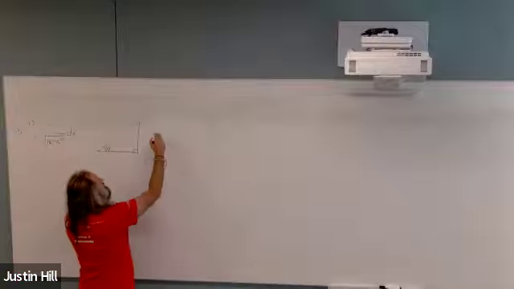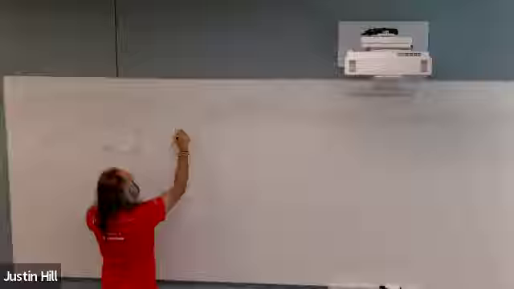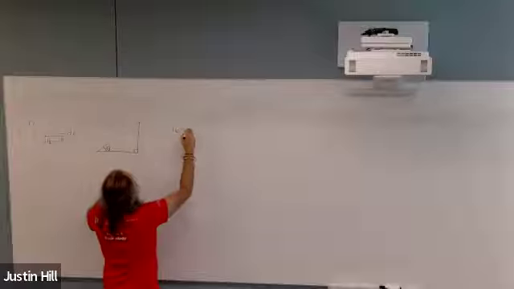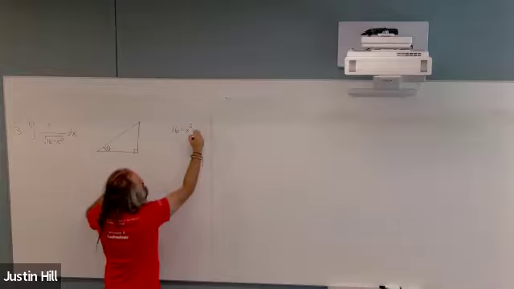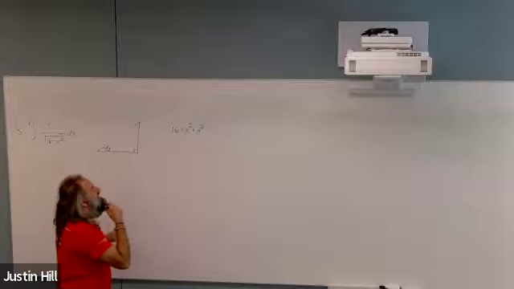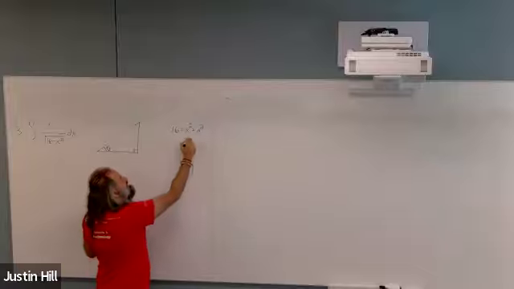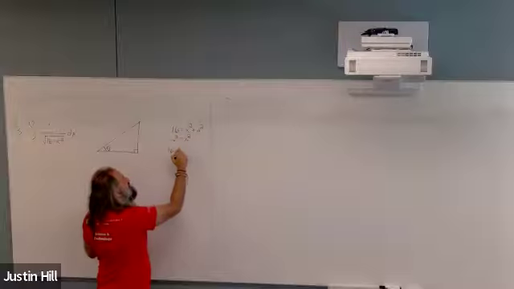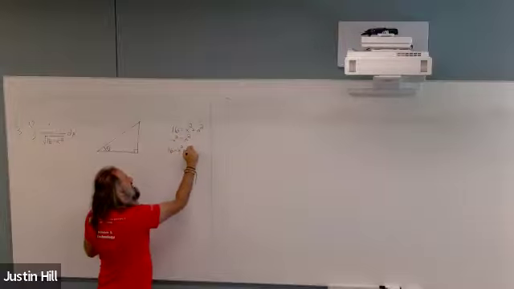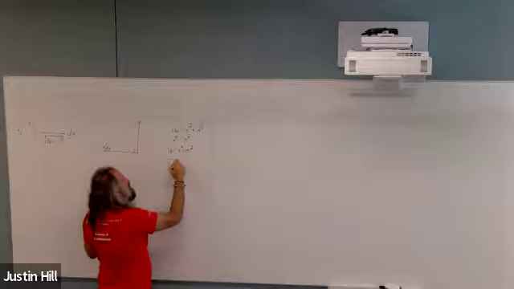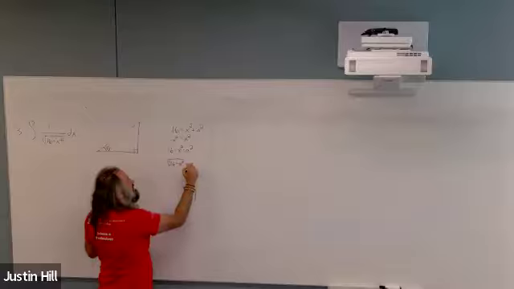One way to think about it is that this was the result of 16 equals x squared plus another thing squared. I don't know what the other thing is, so we'll call it a. And I'm subtracting x squared from both sides, and then taking the square roots so that I can figure out the length of leg a.